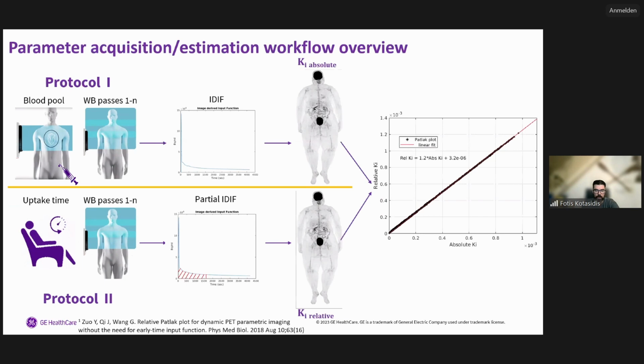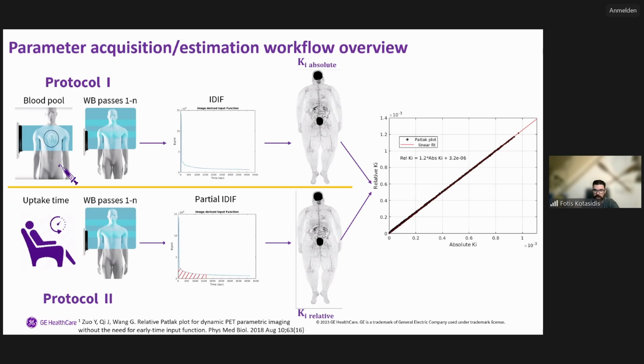But nevertheless, the Ki image ends up being proportional to the original Ki, or the absolute Ki, should you have the complete input function, and the Ki that you end up with using relative Patlak ends up being globally scaled compared to the original Patlak.